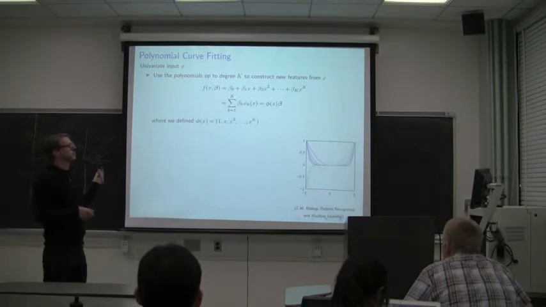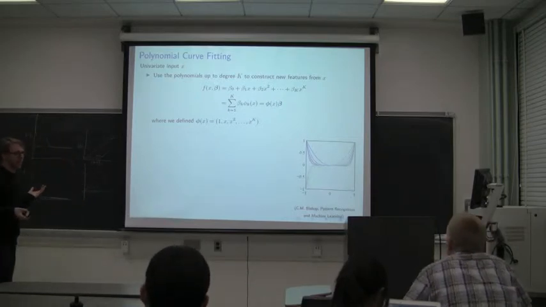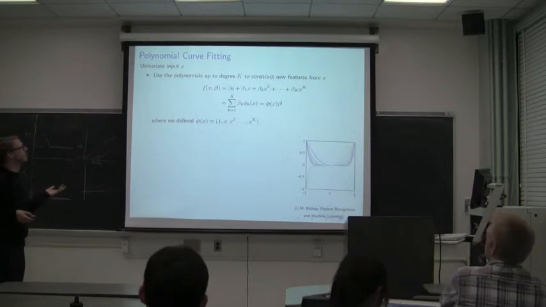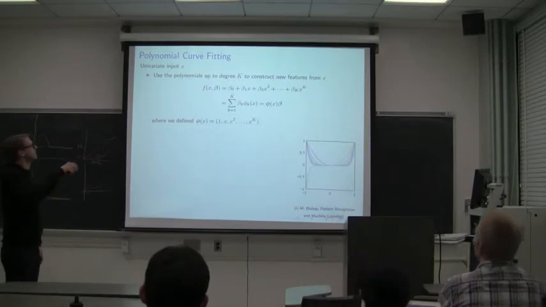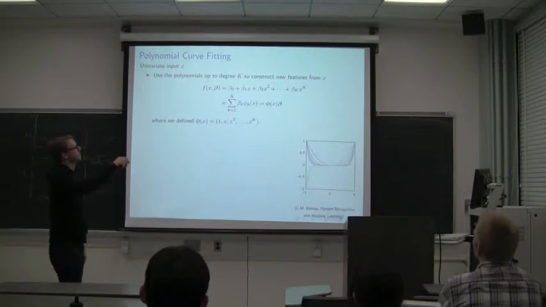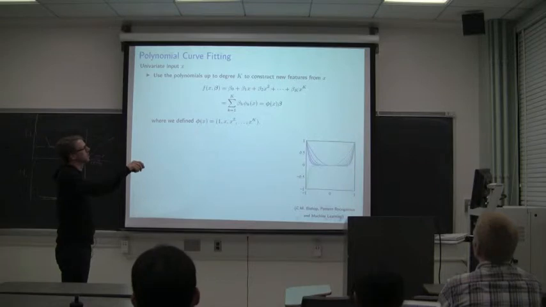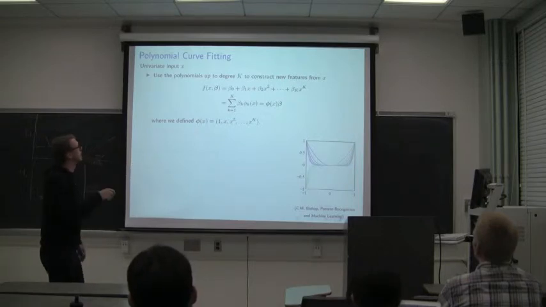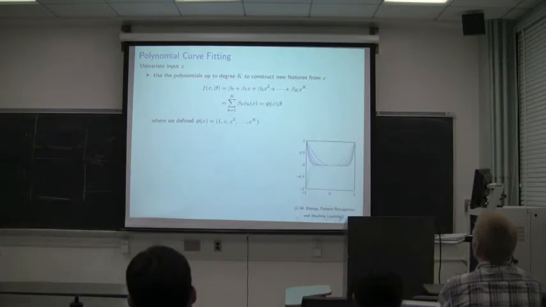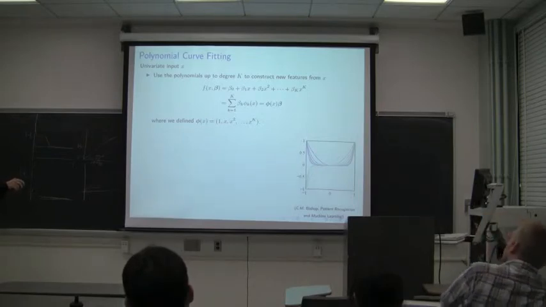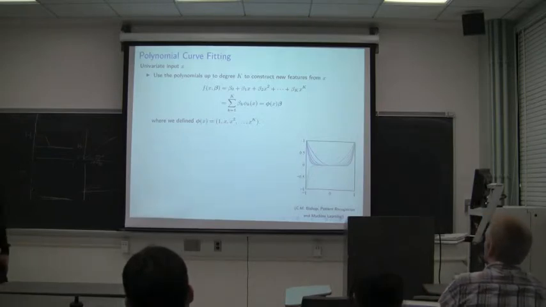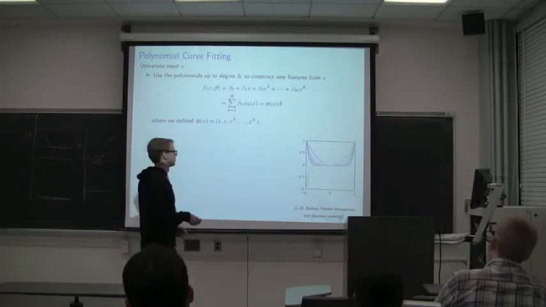Okay, so the simplest possible nonlinear function that you can think of is just you take your x and you take a polynomial. Just take powers, so x to the 0, x to the 1, x to the 2, x to the k, where k is the degree of your polynomial. And for each of those, you fit a different regression weight. So these are different polynomials.